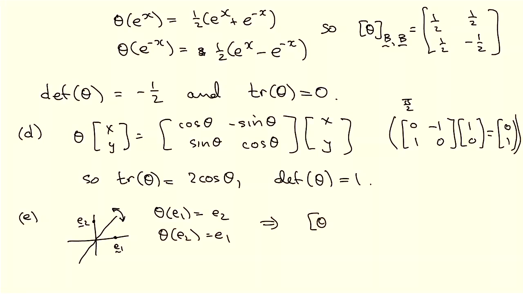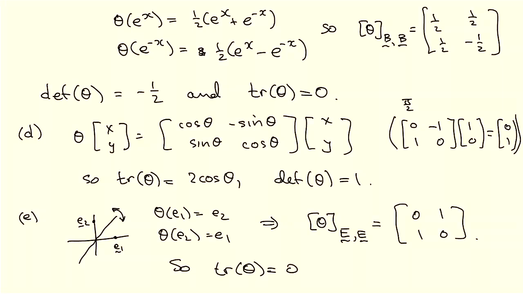So the matrix representation of theta in the standard basis is 0, 1, 1, 0. So this one has 0 trace and determinant -1.